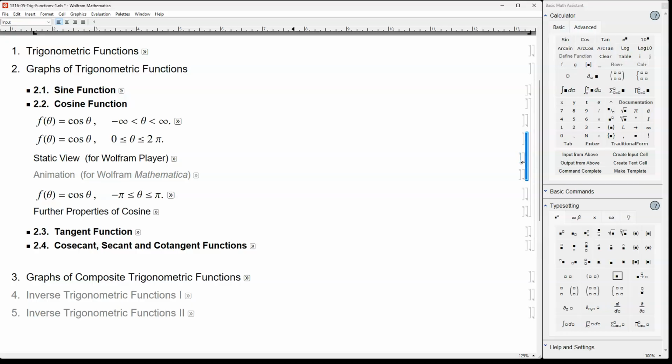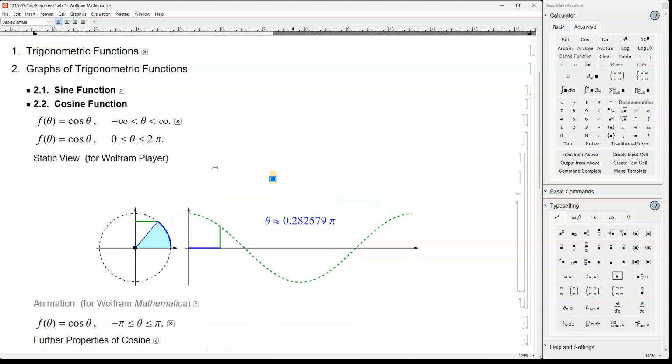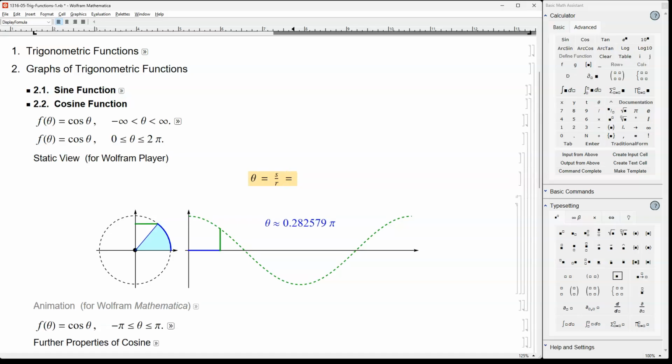And as for the definition, well, let's look at this unit circle picture. The arc length here is equivalent to theta because the radius is 1 in this case, and that's represented as blue.